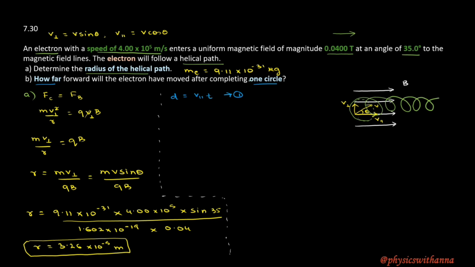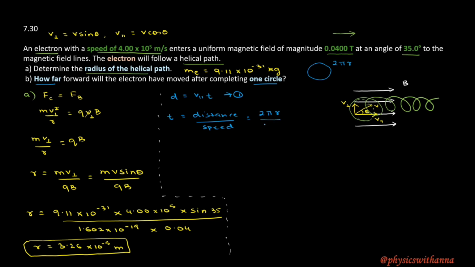We need to find the time it takes to complete one circle. Now when you move along one complete circle, the distance you travel is 2 pi r. So if I want to find the time t, we can find time t to be equal to the distance covered over the speed with which you are moving. So distance covered while going around a circle is 2 pi r, and the speed responsible for taking the electron along a circular orbit is v perpendicular.